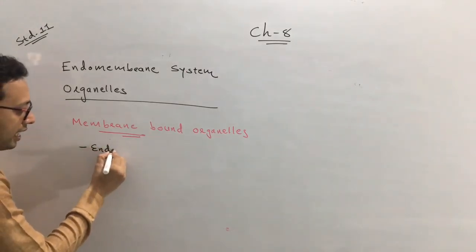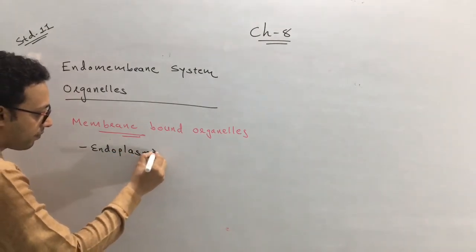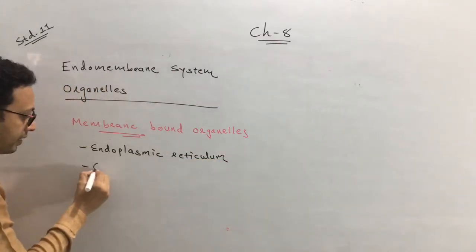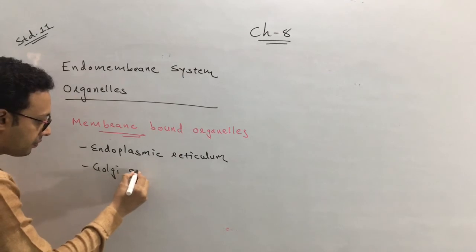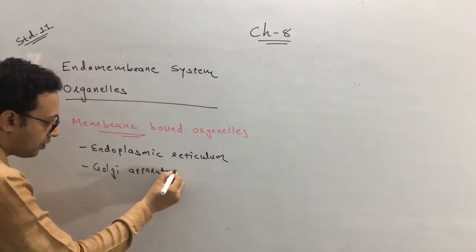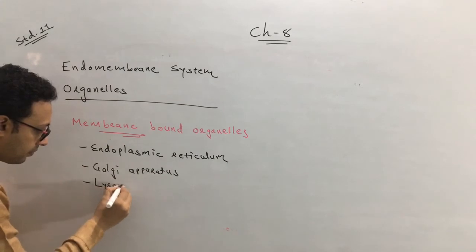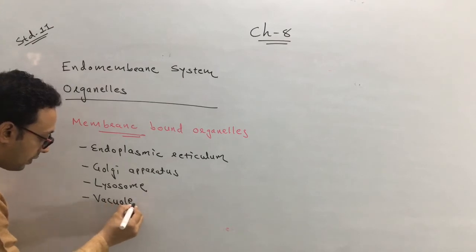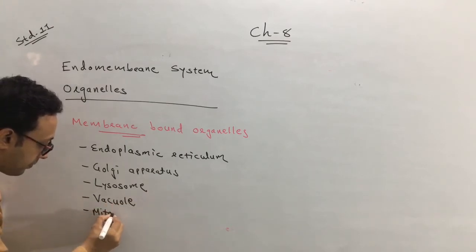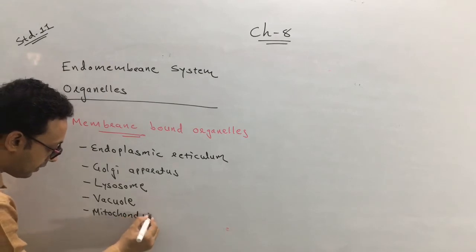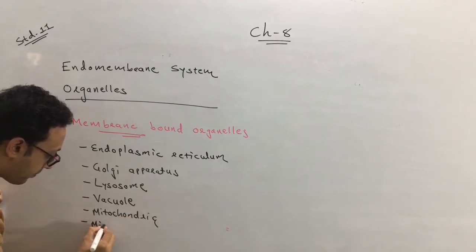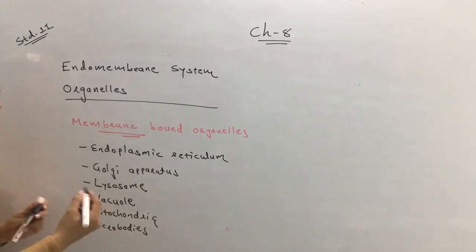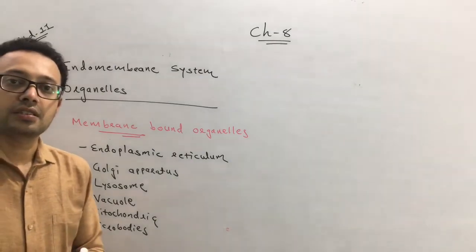The first is endoplasmic reticulum, the second is Golgi apparatus, third is lysosome, fourth is vacuole, next is mitochondria, next is microbodies, next chloroplast, peroxisome.